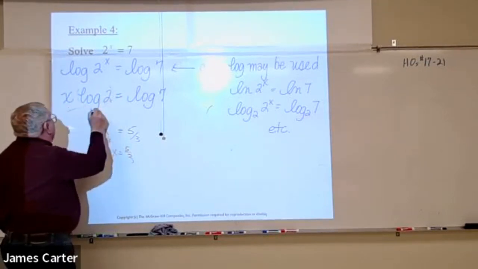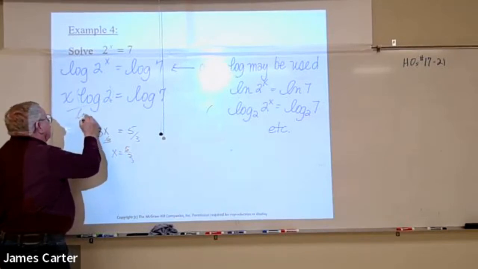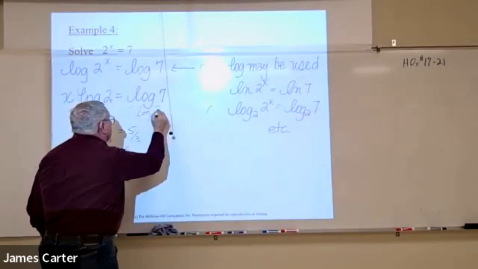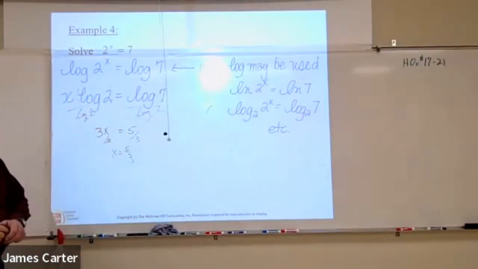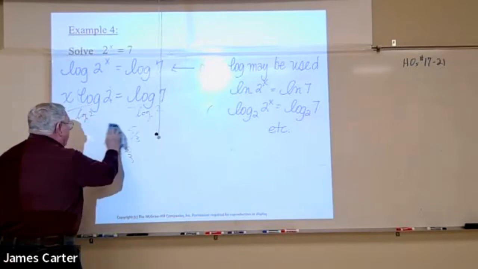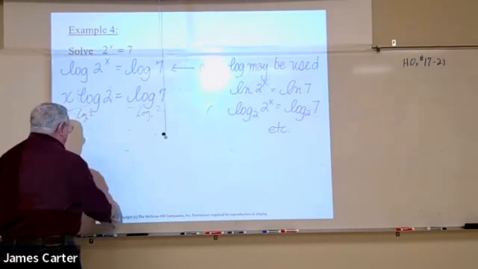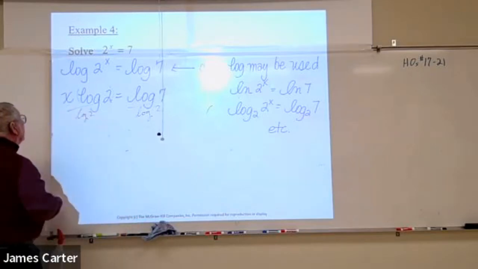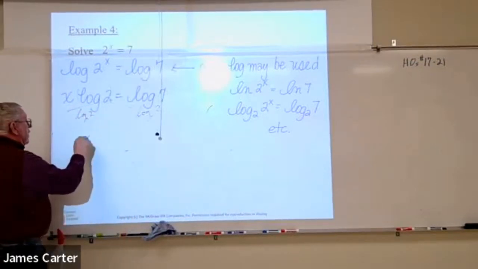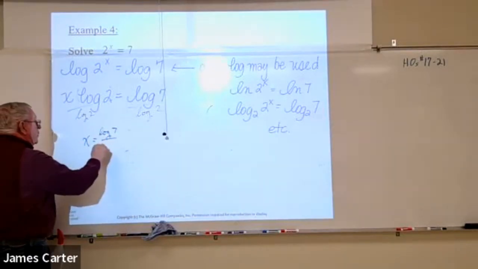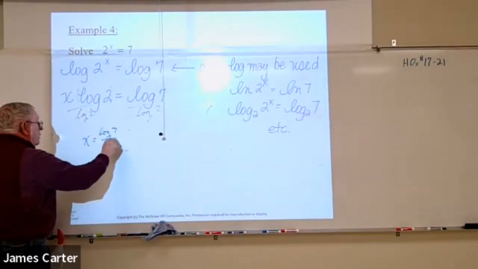So why not divide both sides by log 2? Then with no calculator, that would be as far as we can go. So anyway, we got x equals log 7 over log 2.